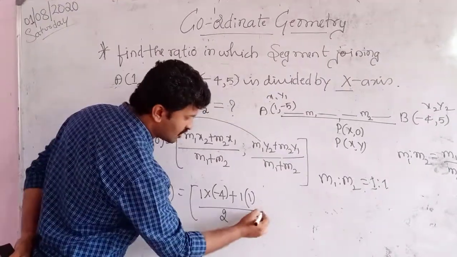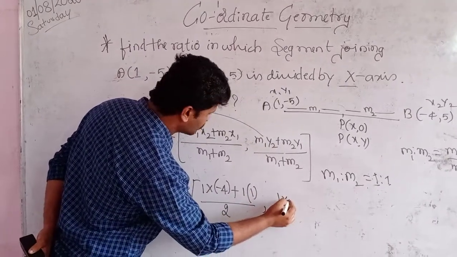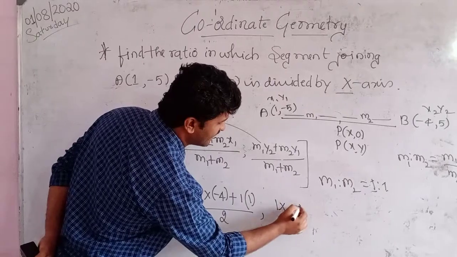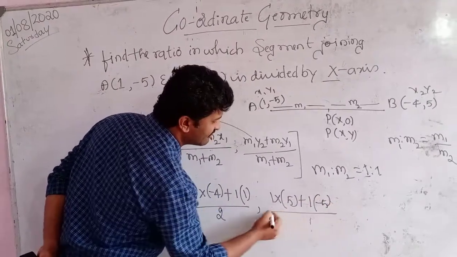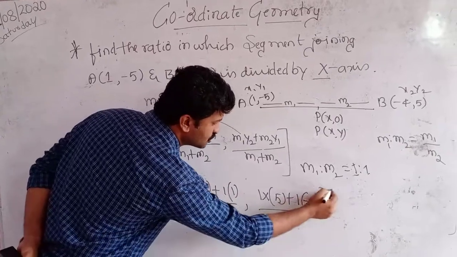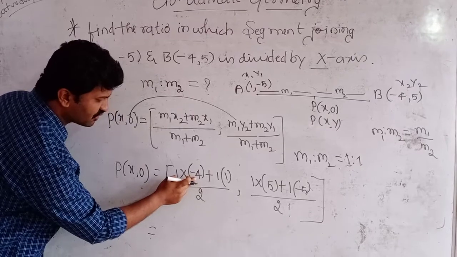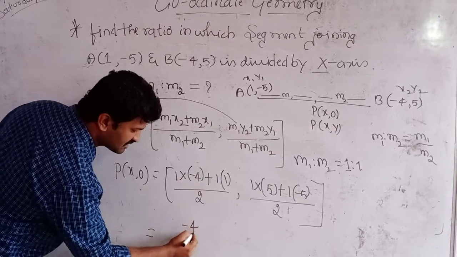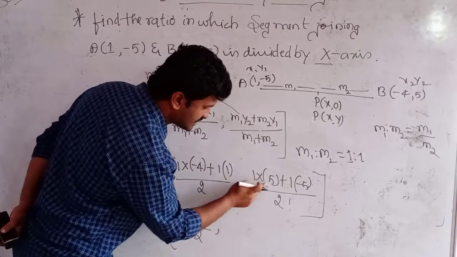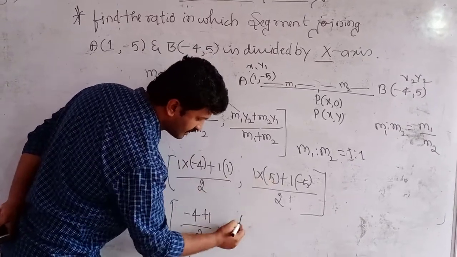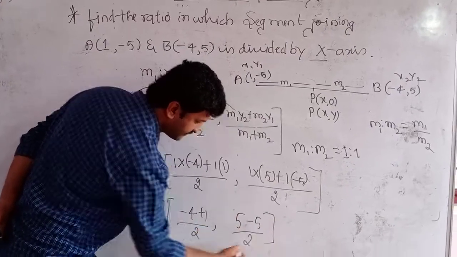Comma, m1 is 1 into y2 which is 5, plus m2 is 1, y1 is minus 5, divided by m1 plus m2 equals 2. This is (1 into minus 4 plus 1) divided by 2, comma, (1 into 5 plus 1 into minus 5) divided by 2.